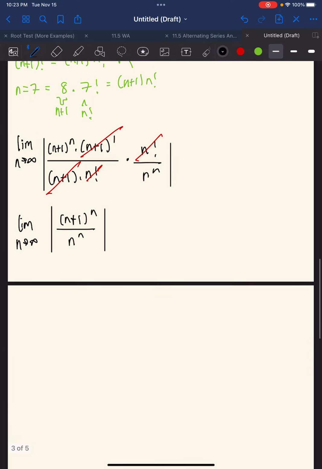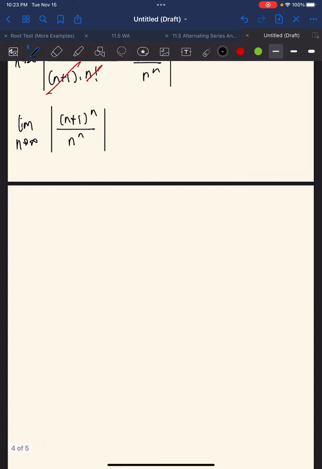So I'm going to go on to the second page here. We can actually reduce this into the limit as n approaches infinity of the absolute value of (n plus 1 over n) raised to the n. Since they both have the same exponent, you can just write it as one big fraction raised to the same exponent.